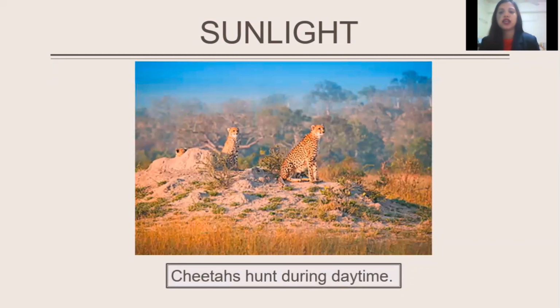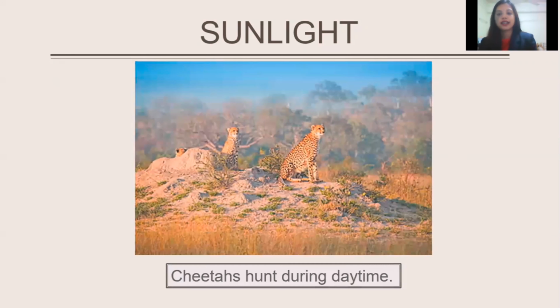Okay, so cheetahs hunt during daytime. When we talk about hunting, it means they find food in order to survive, such as killing other animals to have food. That is why cheetahs hunt during daytime, and that is also the reason why they need the sunlight.